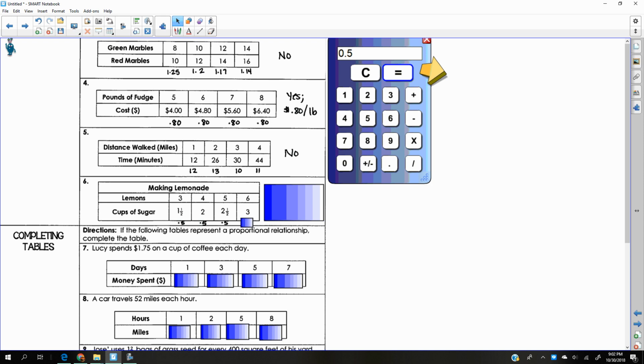And 3 divided by 6, and we know that's a half because 3 is half of 6. So yes, they are proportionate. So the rate is half a cup of sugar for every 1 lemon. Half a cup of sugar for 1 lemon.